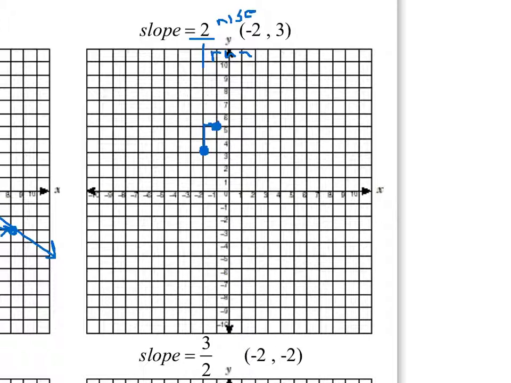One more time to get that third point, up 2, over 1. I got my 3 points for a nice straight line. Break out that straight edge, put it in there, and you got a line.